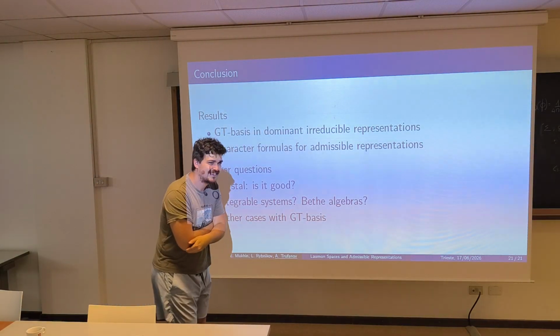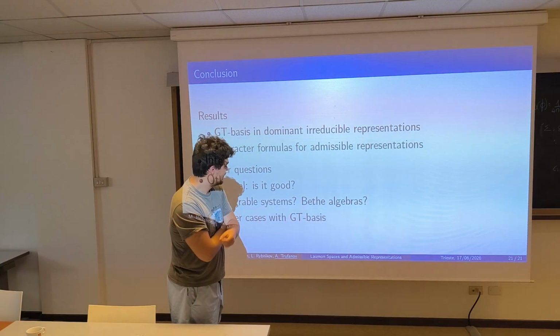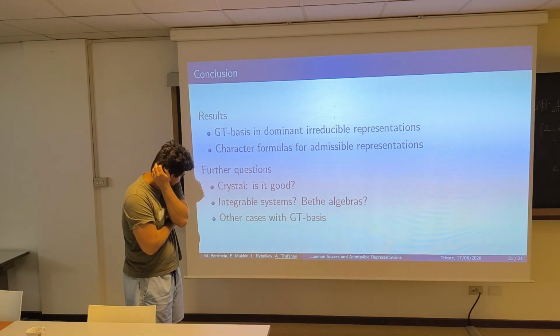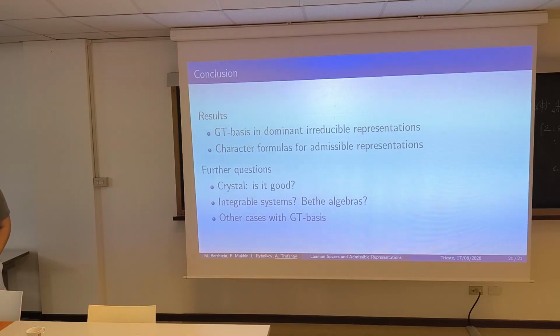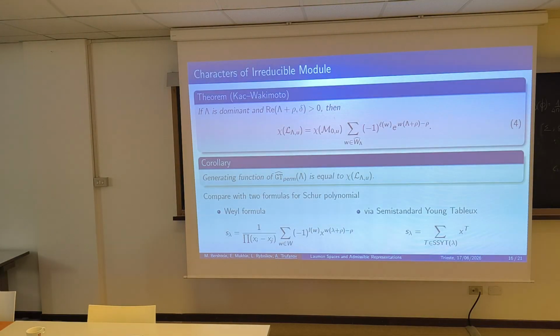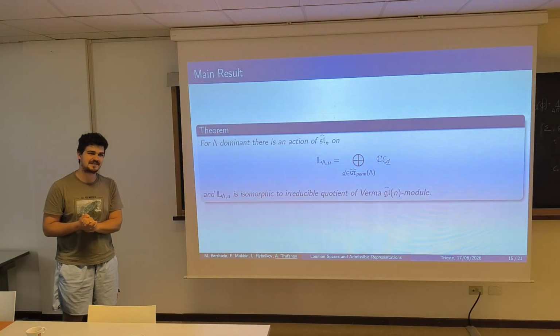Yeah. You mentioned surface defects. What would be the interpretation of this surface defect for this lambda, for instance? That's a good question, but I hope that someone in the audience can answer, because I'm not that good in gauge theories. So I cannot answer this question. But what was the question?